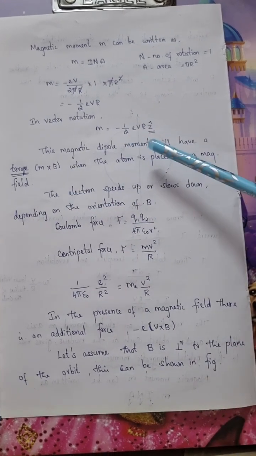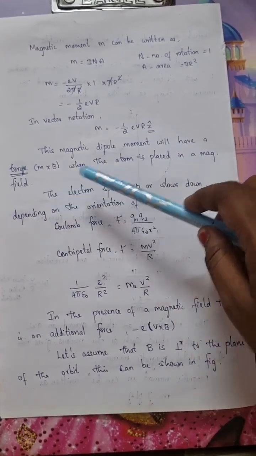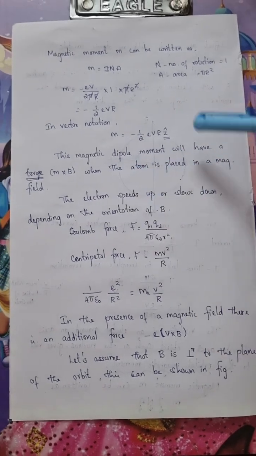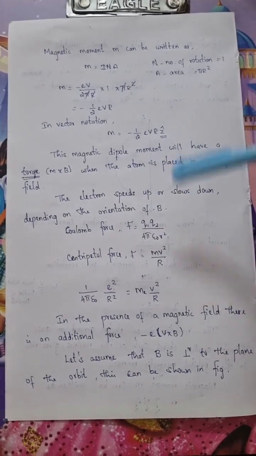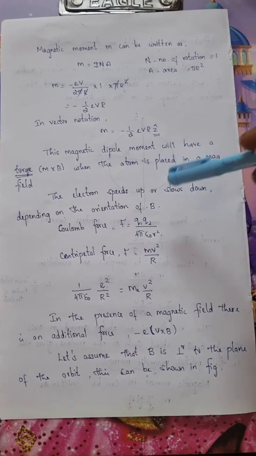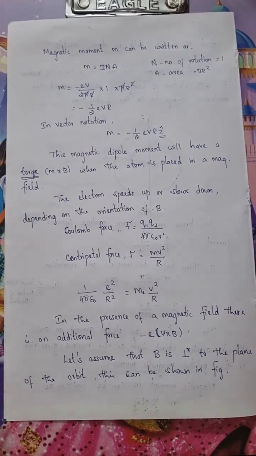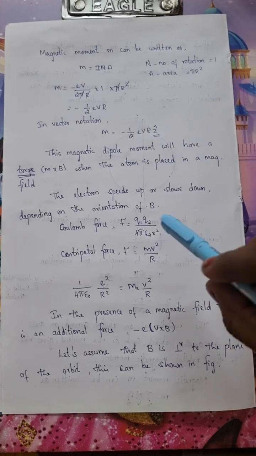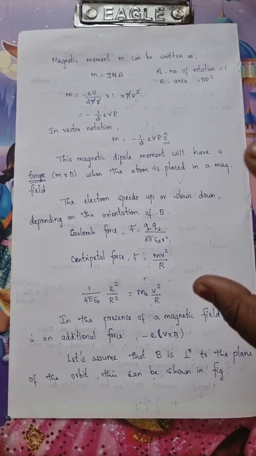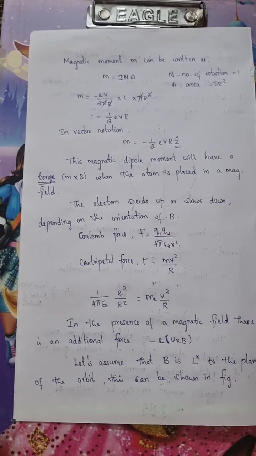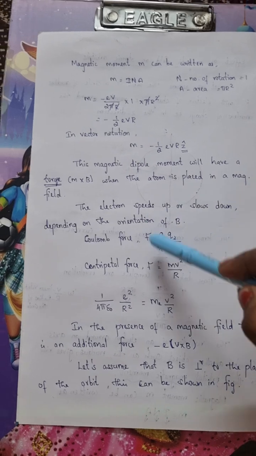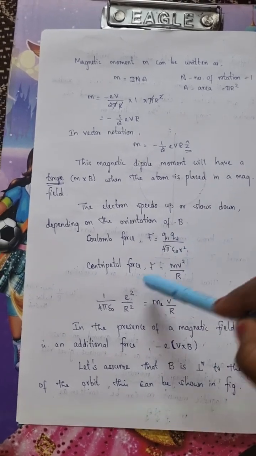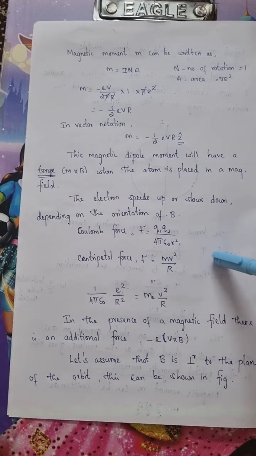This magnetic dipole moment will experience a torque when the atom is placed in a magnetic field. So the electron speeds up or slows down depending on the direction of the magnetic field. Here, during the rotation, the Coulomb force and the centripetal force balance each other. The Coulomb force is F equals Q1 Q2 by 4 pi epsilon 0 r square, and the centripetal force is m v square by r.